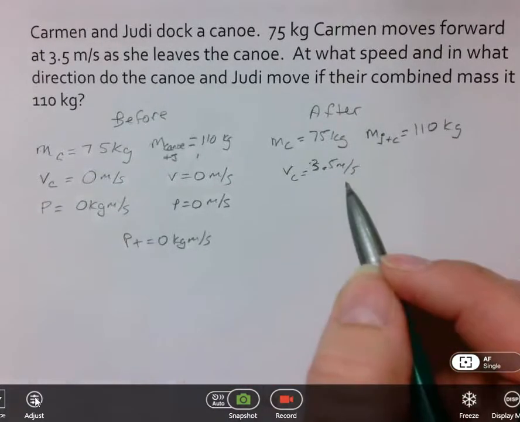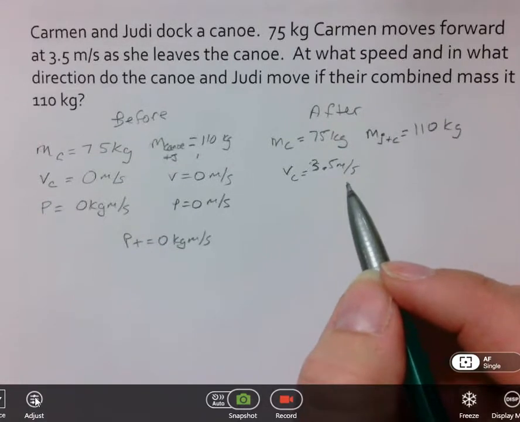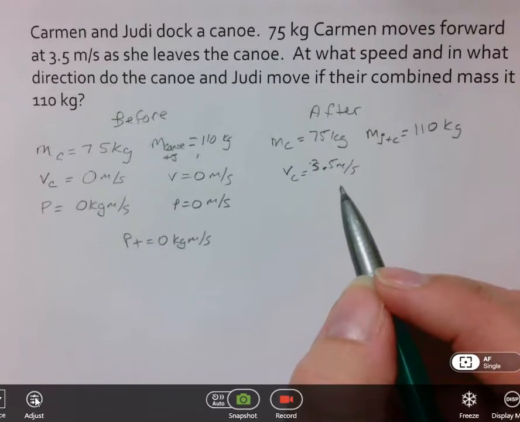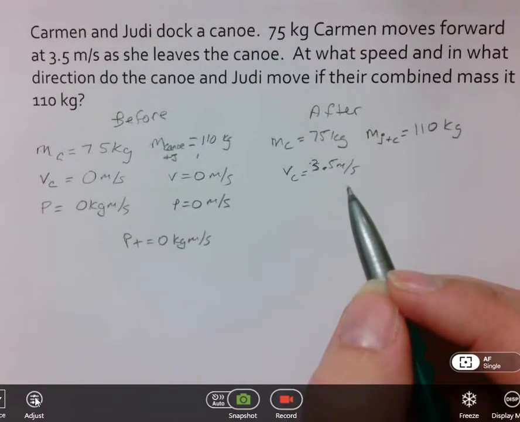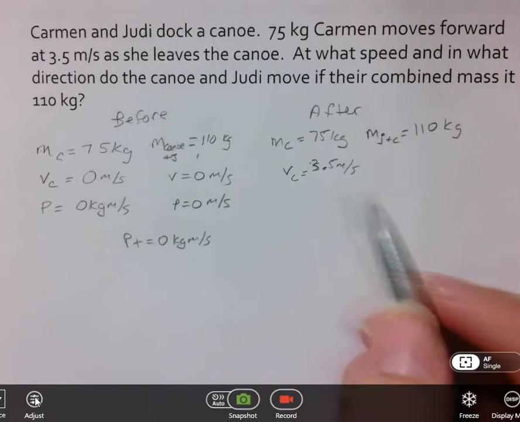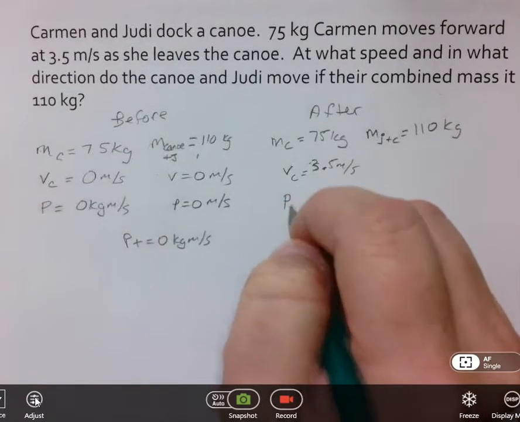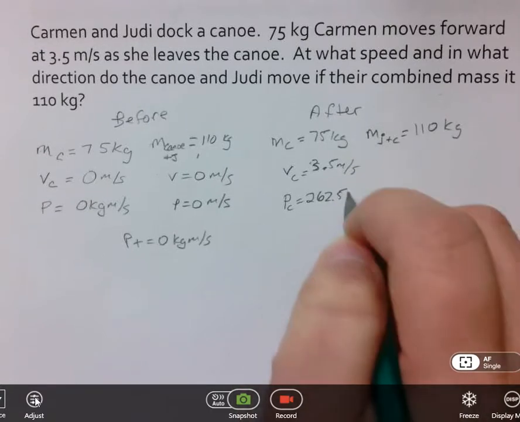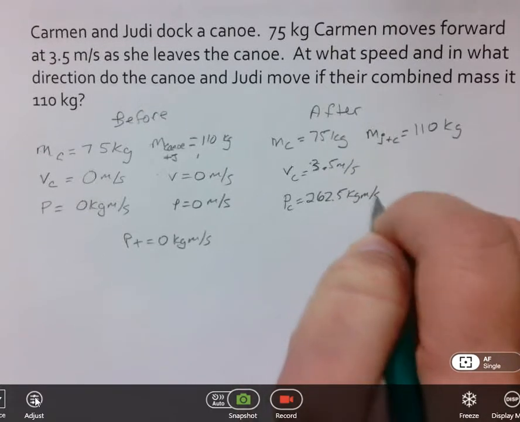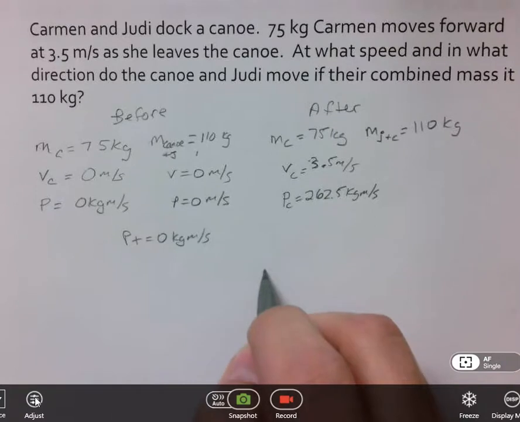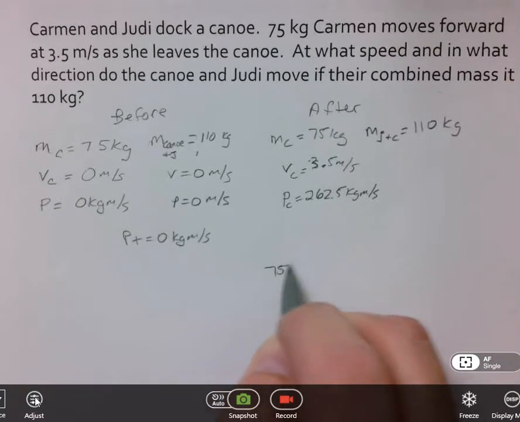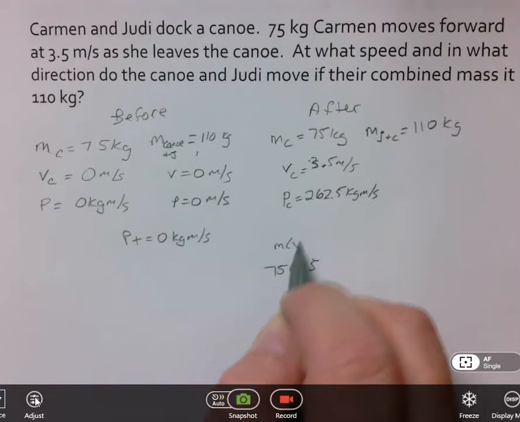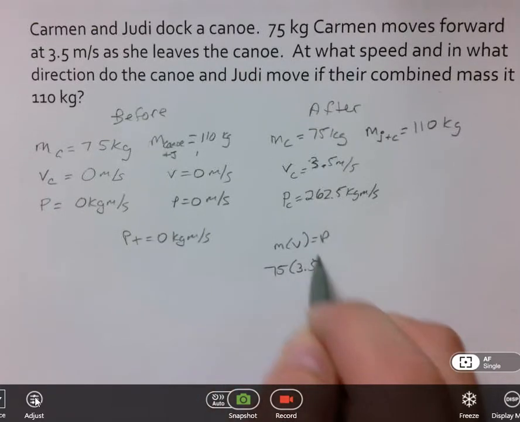So that means that her momentum is going to be 3.5 times 75, which gives us 262.5 kilogram meter per second. And I got that by taking my mass of 75 times my 3.5, because I'm going to do mv equals p.